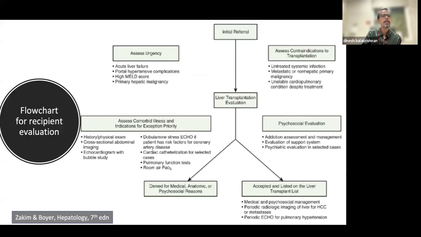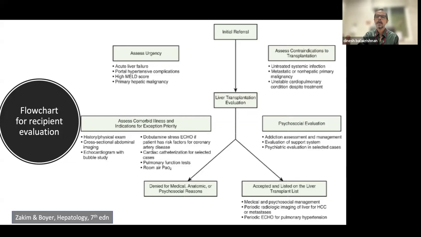So this is a flow chart for recipient evaluation. As I mentioned, it involves a thorough history taking, physical examination, doing blood tests, which is based on a protocol developed by the institution, doing an echocardiogram, dobutamine stress echo if required, a coronary angiogram.